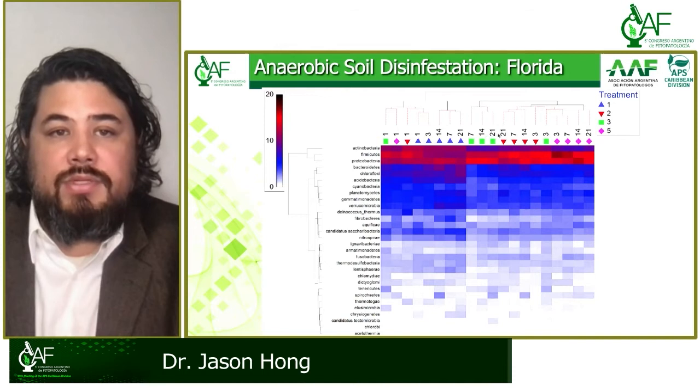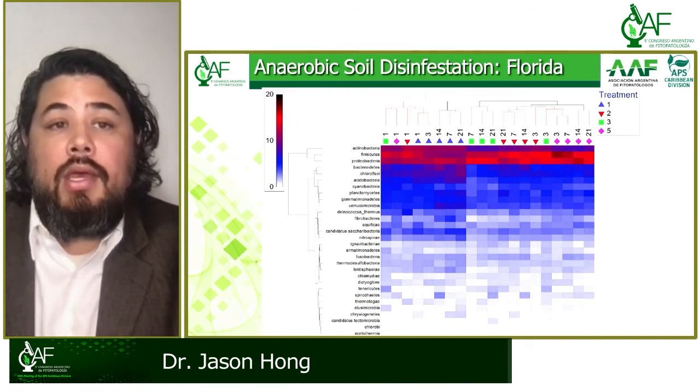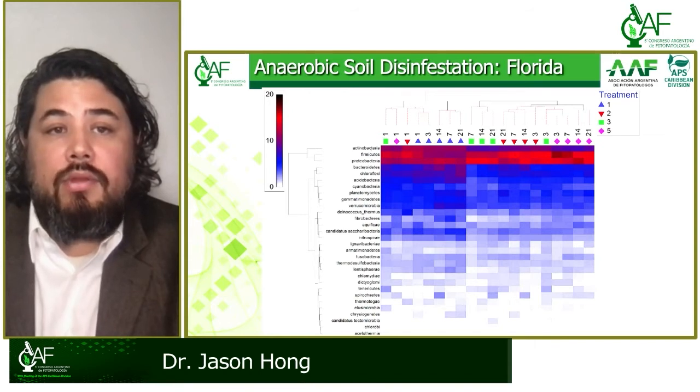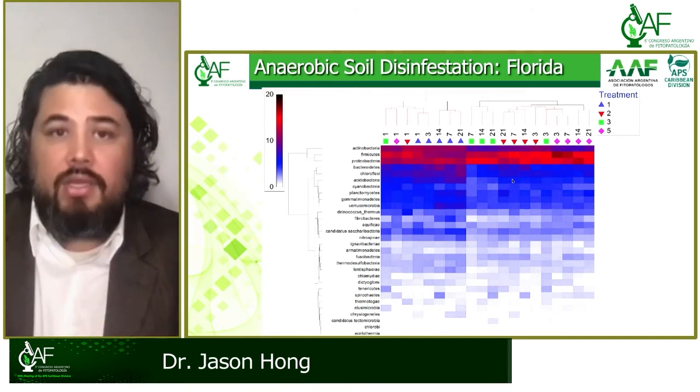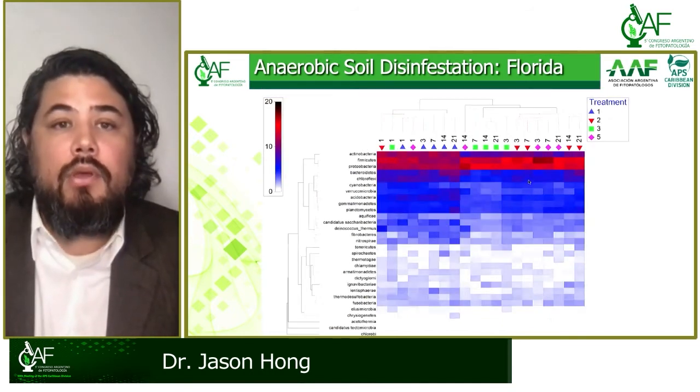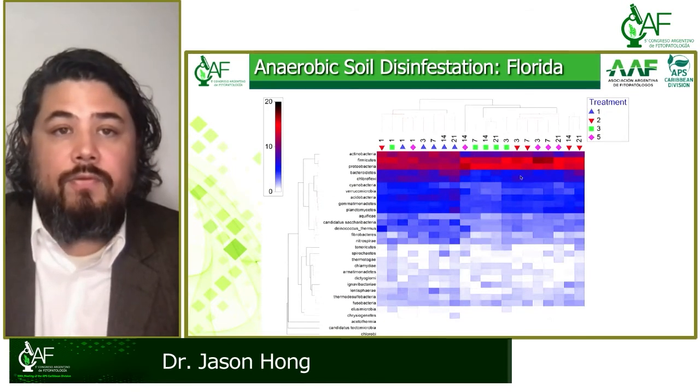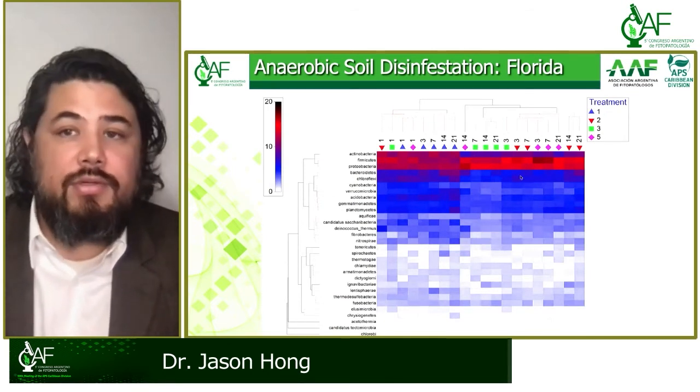These numbers represent the days that we sampled post-treatment. The actinobacteria, the phylum, reduced, but we had an increase of firmicutes and proteobacteria, which are known to be anaerobic. This is the bottom, from 15 centimeters down to 30 centimeters.